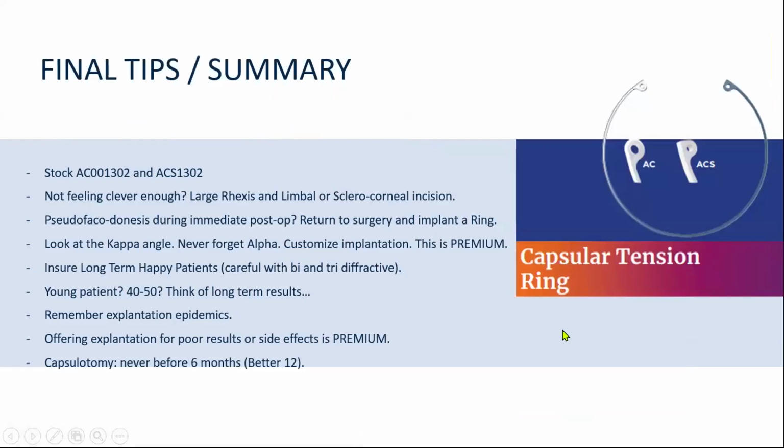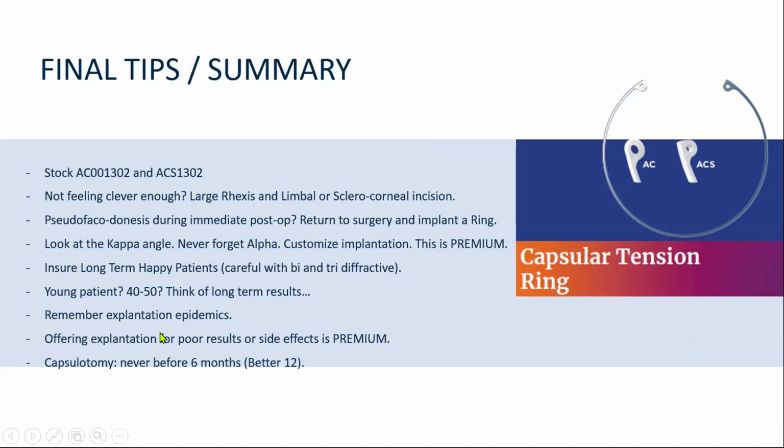Final tips. Which CTRs to stock? 13 in my case, but study your patient's ethnicity and population. If you don't feel clever enough to implant it in the beginning, start doing large rexes and a limbal or sclerocorneal incision, what we talked about, the height of the main incision.